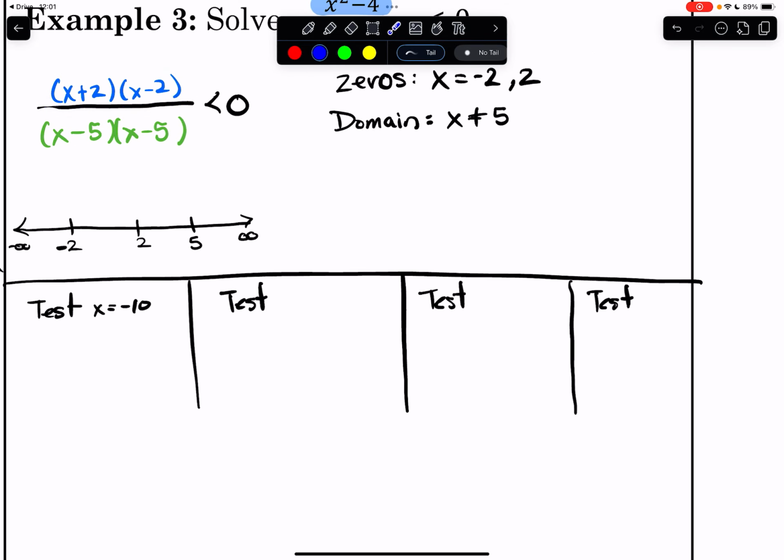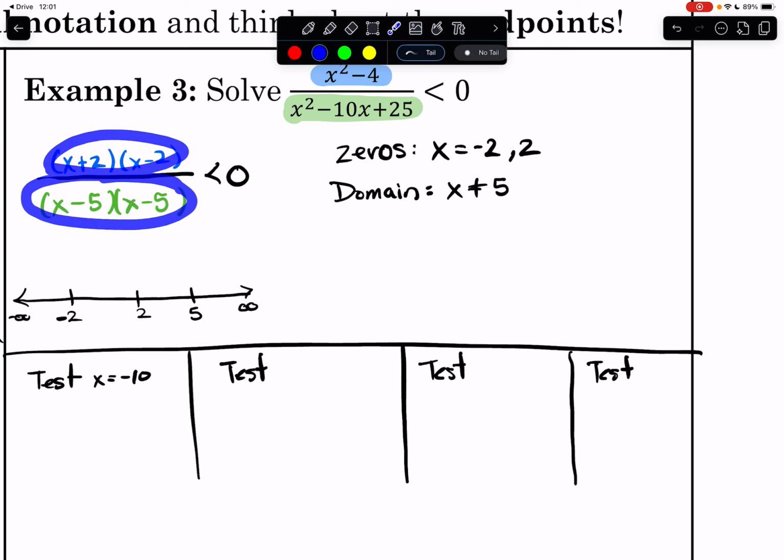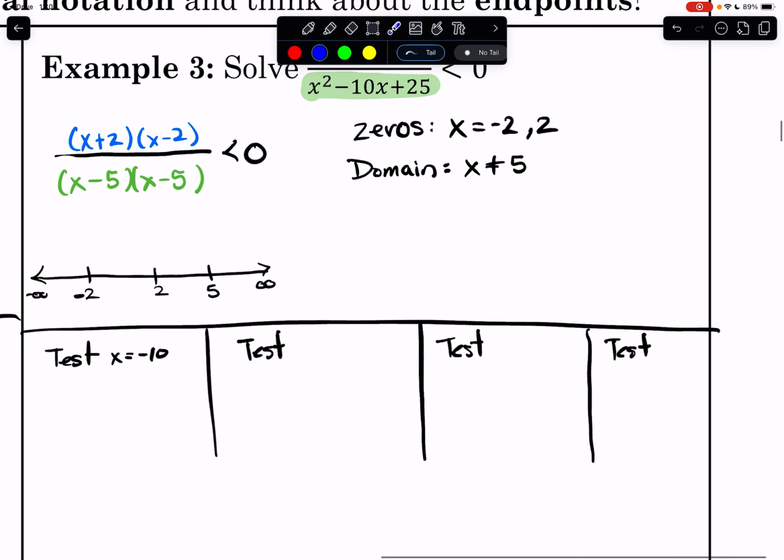So as you can see, again, you have to make sure that you factor correctly, because if any one of these factors is wrong, then the entire thing is going to be wrong. So always, again, factorization is very important, which is why we practice it so much last week. So if I plug in negative 10, well, negative 10 plus 10, that's going to be negative.